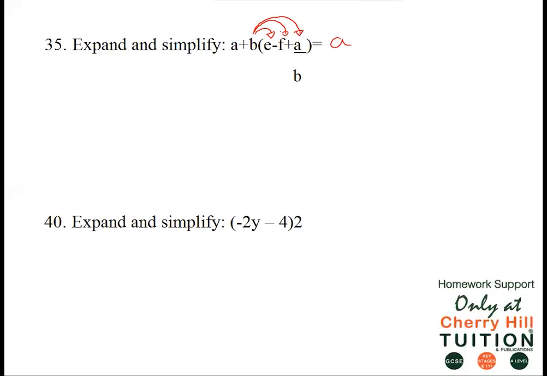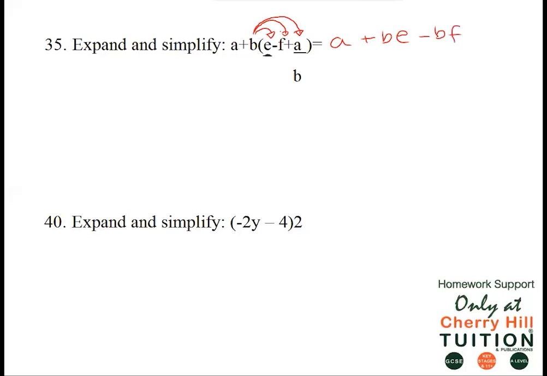So let's start by doing b multiplied by e first. This gives us be. And then we have b multiplied by minus f, which gives us minus bf.